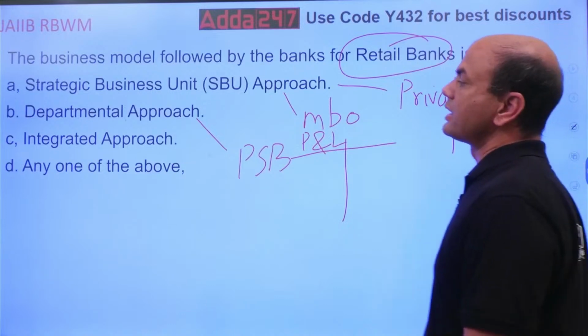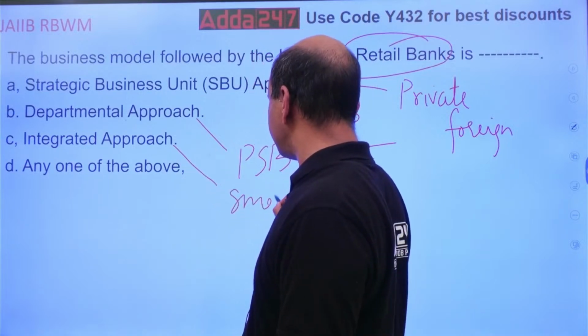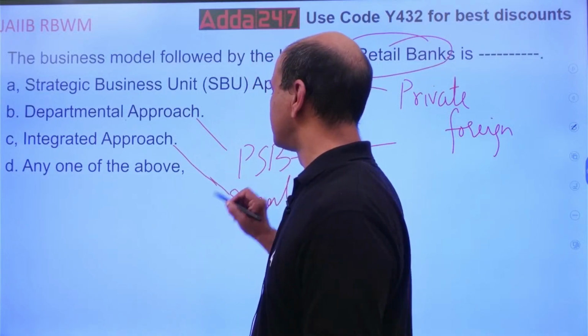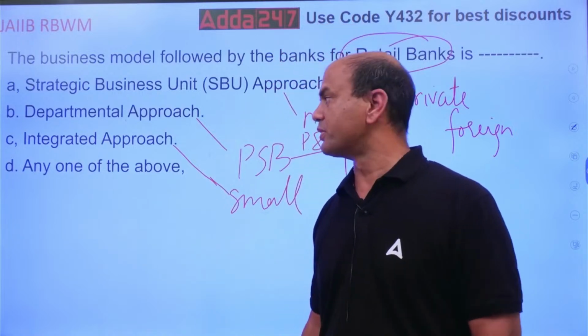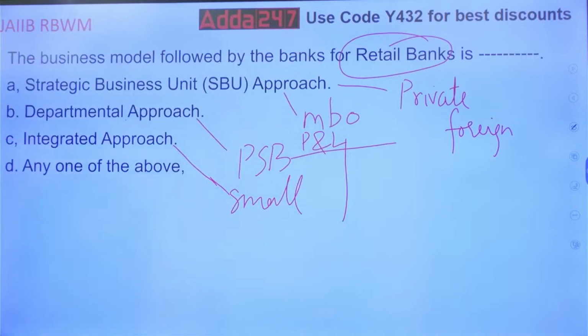And integrated. This is in small finance banks, small banks. What happens in this? In integrated approach, everyone does every job. It's not that I am in the savings department, I am in the current department, I am in the account opening department. No. You are in all departments.